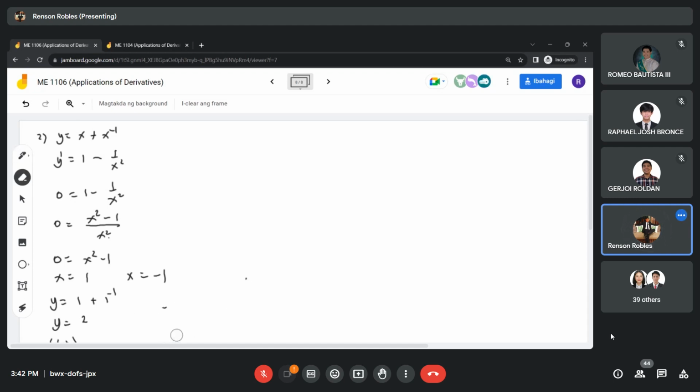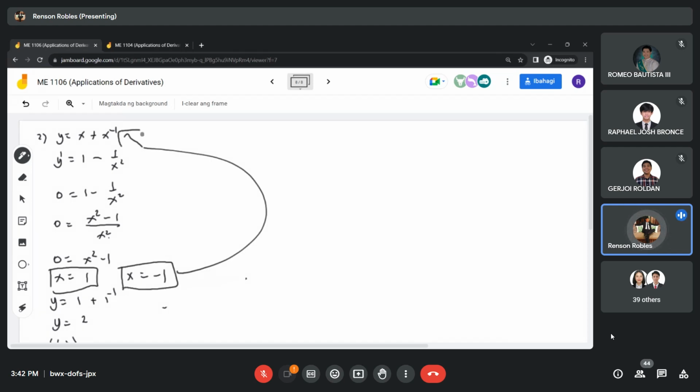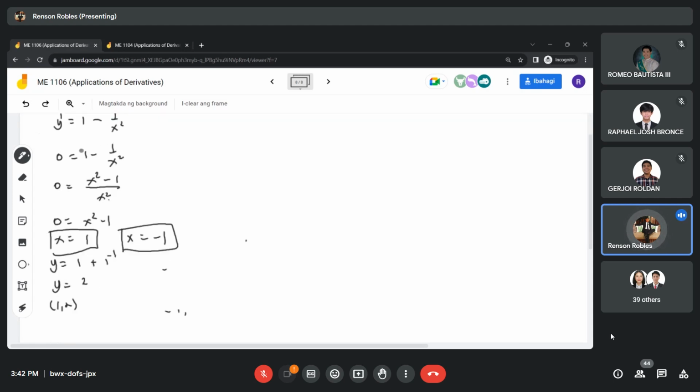Bigay y equals x plus x raised to -1. Ulit. First step, you differentiate. Second step, let the derivative equal to 0. You solve for x. Kapag nakuha na yung mga x na yan, isa-substitute siya sa original. Okay? So when x is 1, you have y equals 1 plus 1 raised to negative 1.